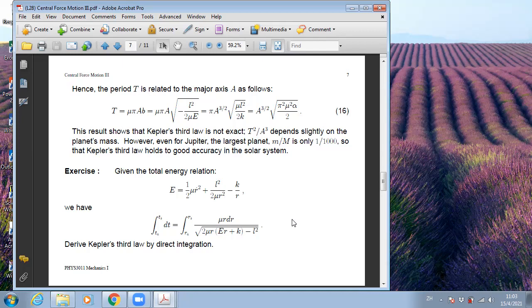Performing the integral is the most straightforward approach.